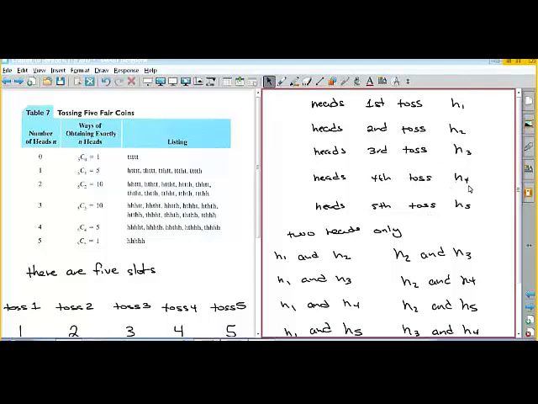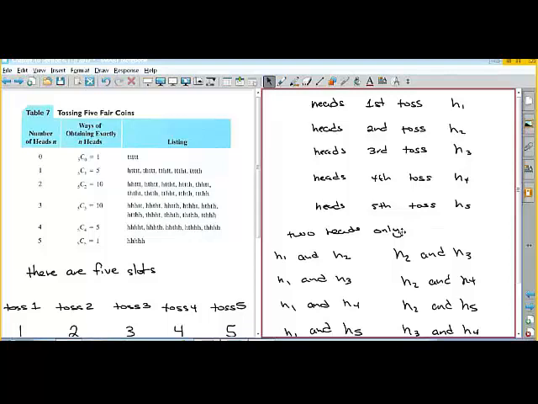So if I say that of these possible places to get a head, I want to pick 2 of those places and group them together. Those are the 2 tosses where I get a head, and the other ones are tails. For example, one possibility is to get a head on the first toss and the second toss. By default that means I'm going to get tails on the third, fourth, and fifth toss.